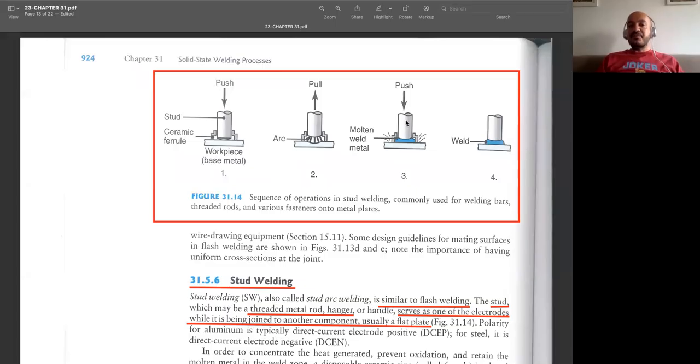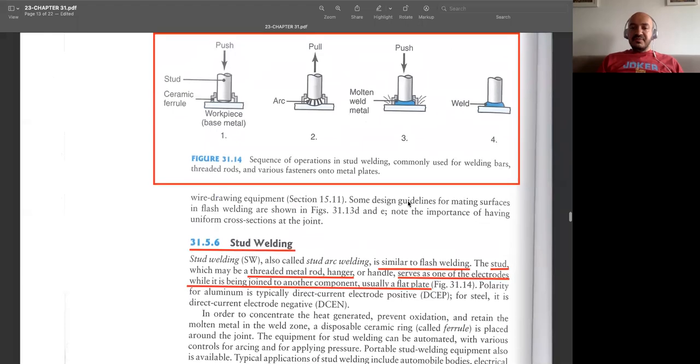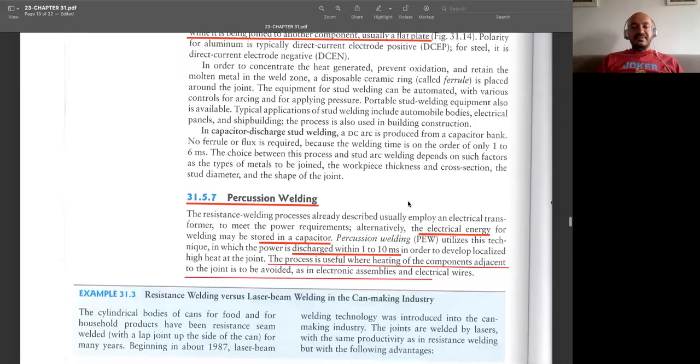With the help of it, this part is pushed into the molten zone, and this stud is welded to the sheet metal. And it's obviously highly similar to flash welding, but the type of arc generation is a bit different.